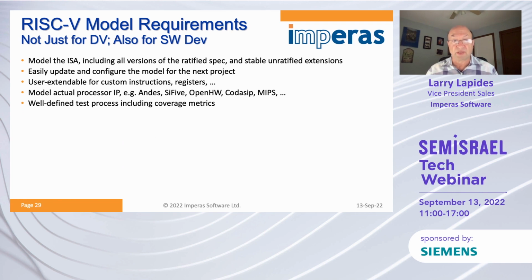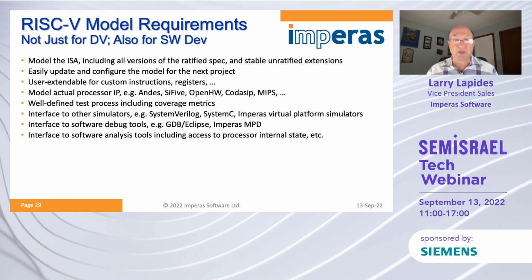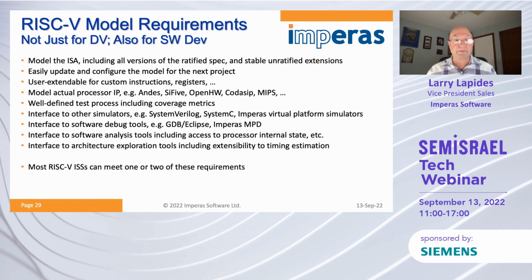It needs a well-defined test process, including coverage metrics. Interface to other simulators, SystemVerilog, SystemC, the Imperas virtual platform simulators. Interface to software debug tools, GDB and Imperas multiprocessor debugger. Interface to software analysis tools. Interface to architecture exploration tools.